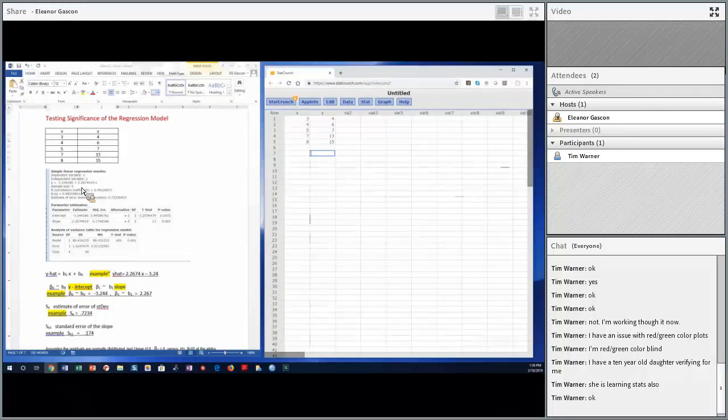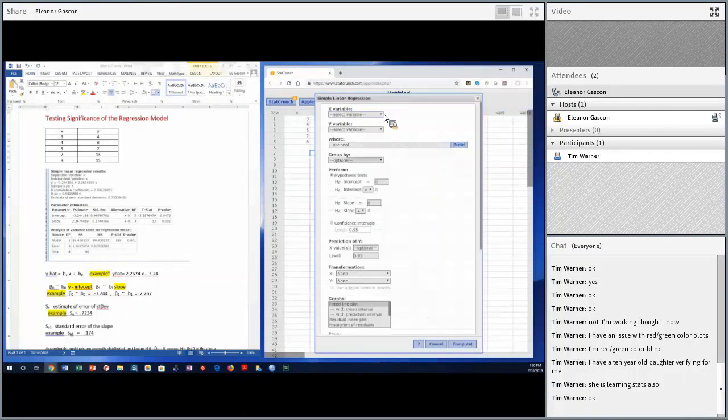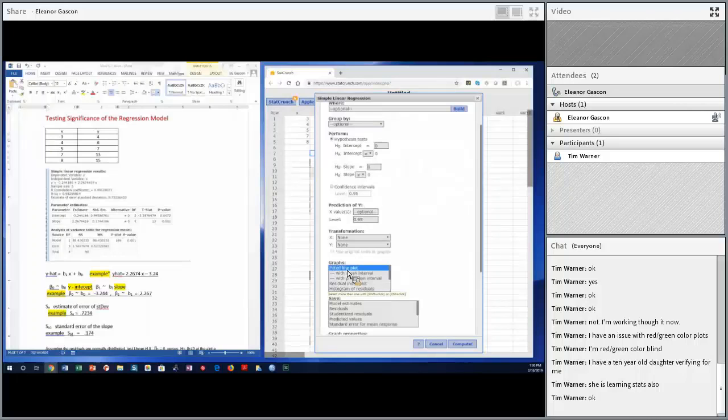Okay? So, again, when you start Chapter 14, the first thing you're going to want to do is go right away to Stats, Regression, Simple Regression, and plot the X and the Y. Basically that's what you need, okay?